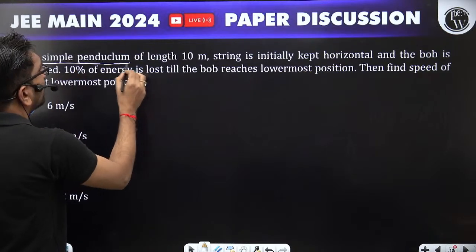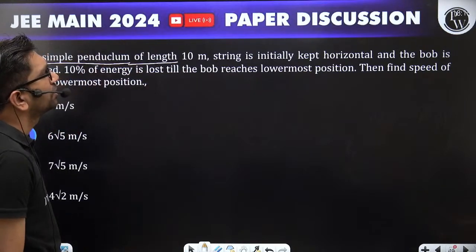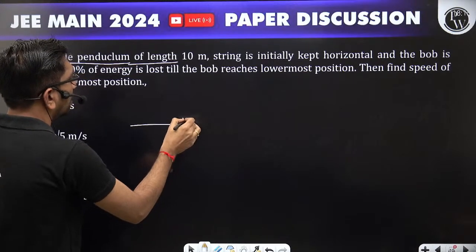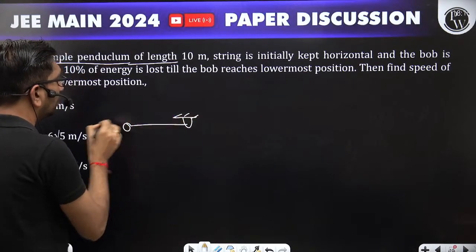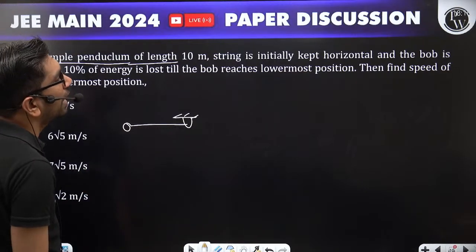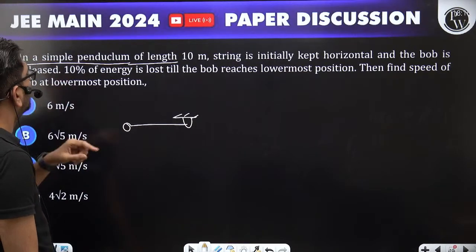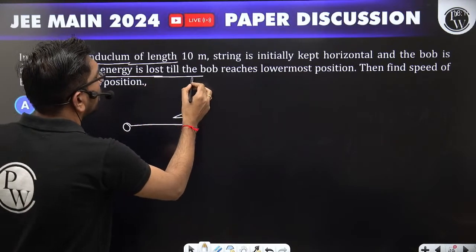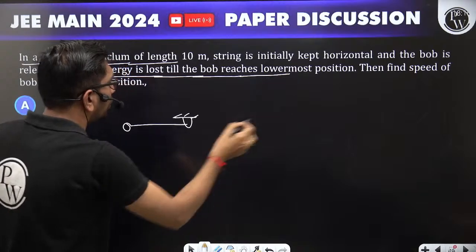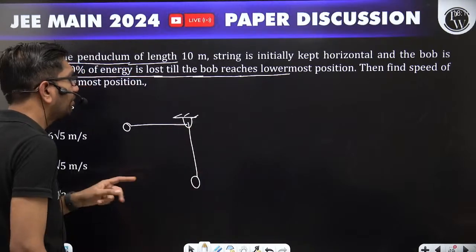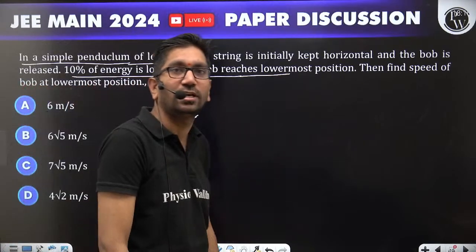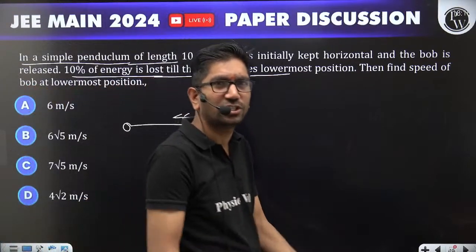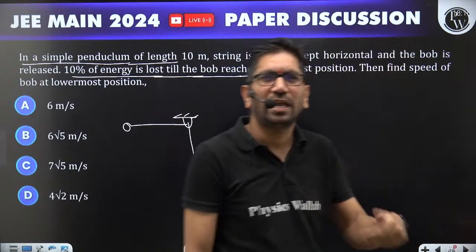In a simple pendulum of length 10 meters, the string is initially kept horizontal and the bob is released. 10% of the energy is lost, maybe due to air friction, till the bob reaches the lowermost position.